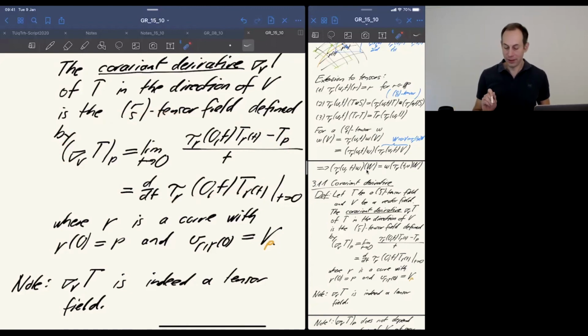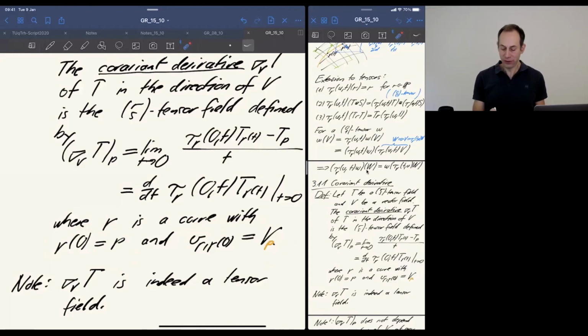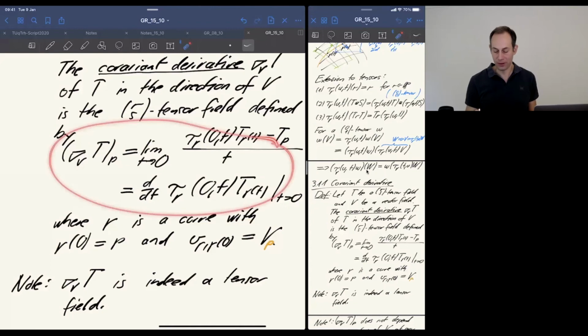Someone could say, the only condition I impose on the curve gamma is that the curve gamma should go along this vector V. And there are, of course, many curves gamma that satisfy these two properties. Now in principle, it could happen that for these different curves, I get a different value, even at this point P. So it could be worse than not only depending on Vp: it could be that the whole definition is not even well defined and depends on the different gammas.